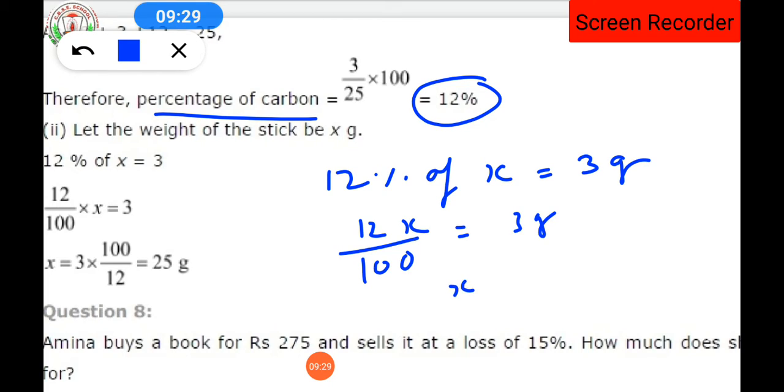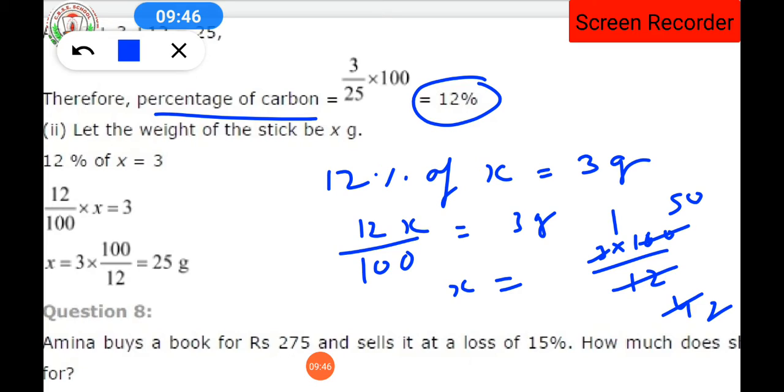Now x is equal to 3 into 100 upon 12, like this, isn't it? Then here we have to calculate. So 3 ones are 3, 3 fours are 12. So here it will be 2, here it will be 50. First we cancelled by the table of 3.